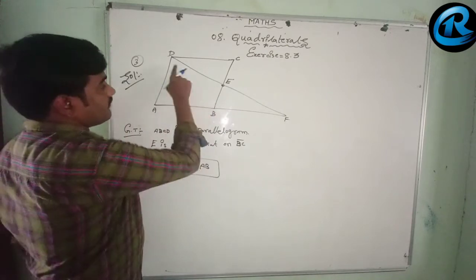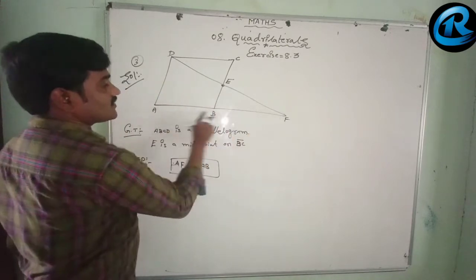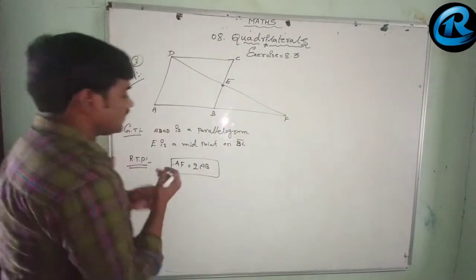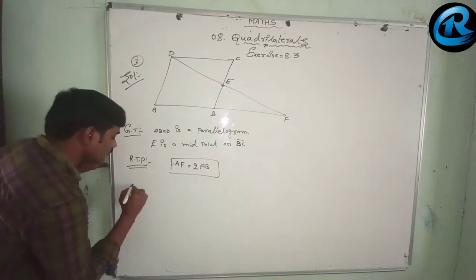This is AF, and this AF equal to twice of AB, we need to show. Now let's go for a little more construction here. We go for the proof.